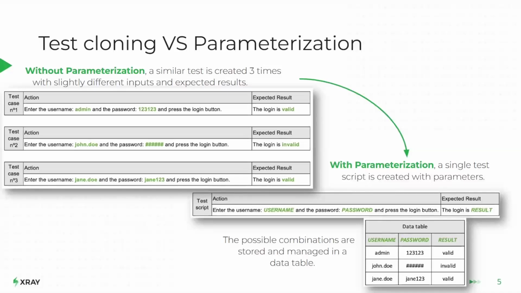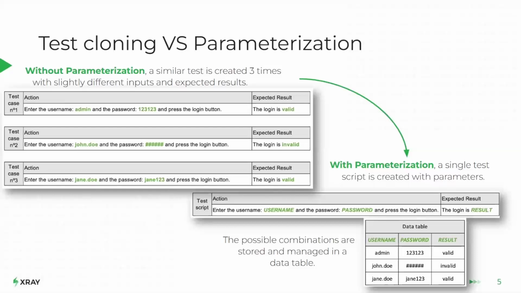As a quick example here, an authentication test could have been written 3 times separately with different usernames, passwords, and resulting messages. Instead, dynamic elements are replaced with the parameter syntax, while the combinations are moved to the dataset.